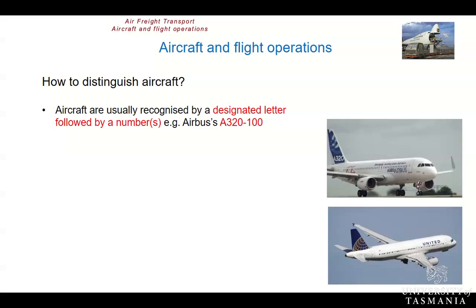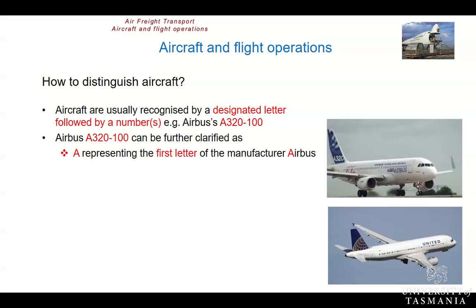Now, all aircraft are designated by a letter followed by a number or numbers. So, for example, the Airbus A320-100. Now, to give you a little bit more detail on what that actually means, the A, as you probably would have guessed, is the first letter of the manufacturer, which is Airbus.